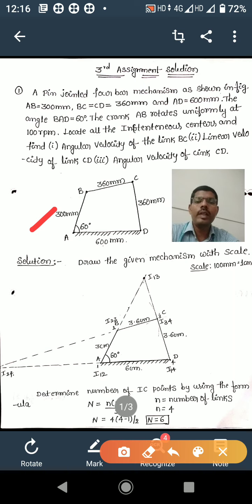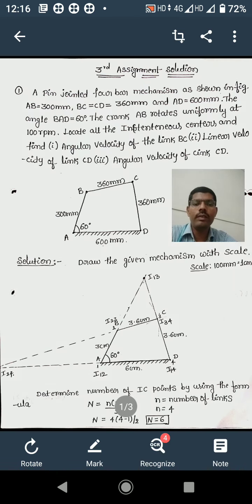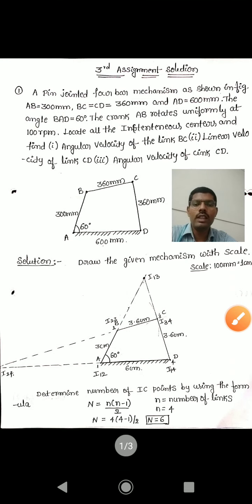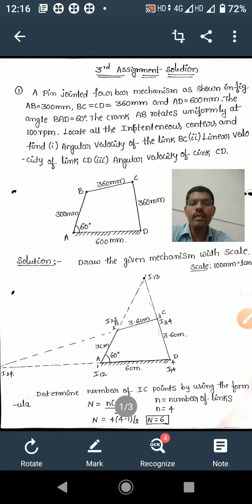Then, how to determine the number of IC points. The problem is asking to locate all the instantaneous centers. So how to locate all the instantaneous centers? By using a formula: capital N is equal to small n into n minus 1 by 2, where capital N is the number of IC points, and small n is the number of links.